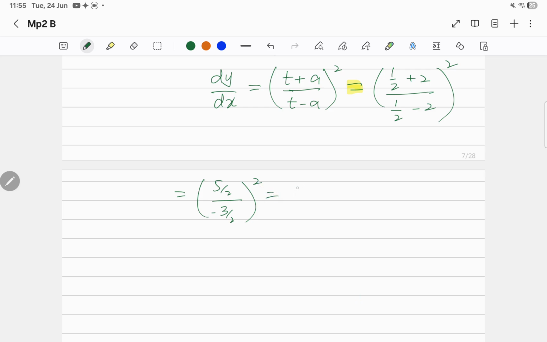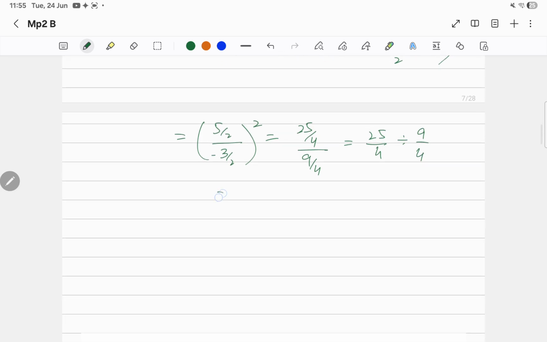If you apply the square, it will be 25 over 4 over 9 over 4. So it is 25 over 4 divided by 9 over 4, and if you apply the keep, change and flip rule, it will be 25 over 4 times 4 over 9, and the 4 and 4 cancel out, you're left with 25 over 9 as required. So we have shown that the gradient of the curve at the point P is 25 over 9, and we got the result.